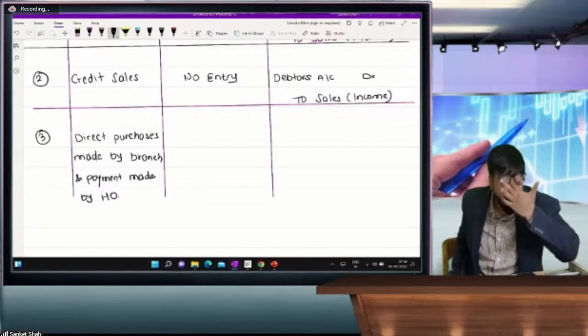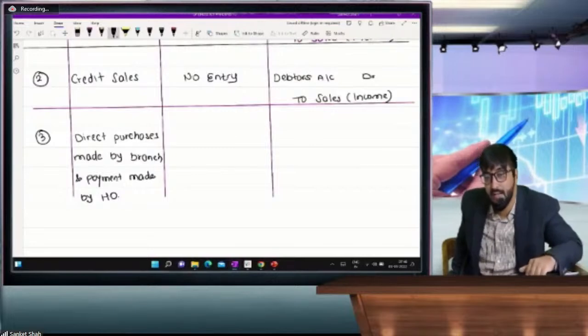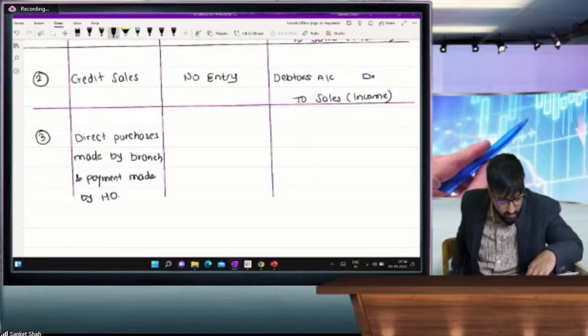If you remember these 8 entries, yes, this chapter is not at all difficult. If you can answer all these questions of all these entries, then beta this chapter is very easy. Yes, beta, traditional approach hai ye. Very good, Mukta ji. Suvarnesh, very good beta, very good.